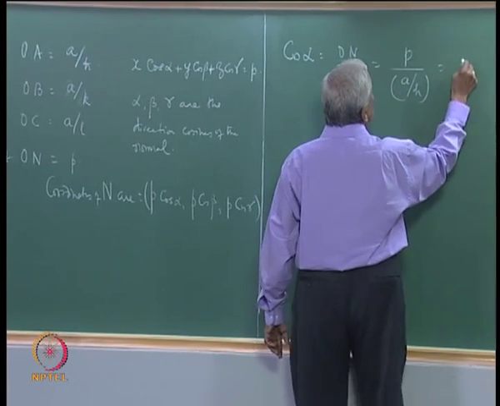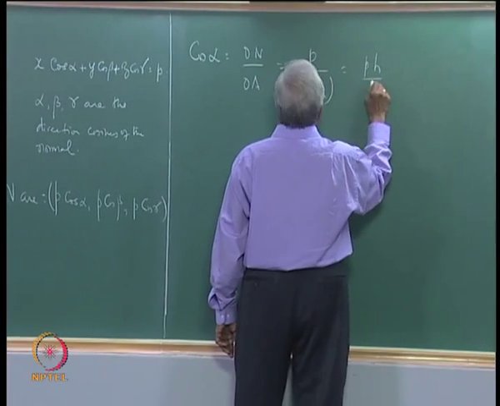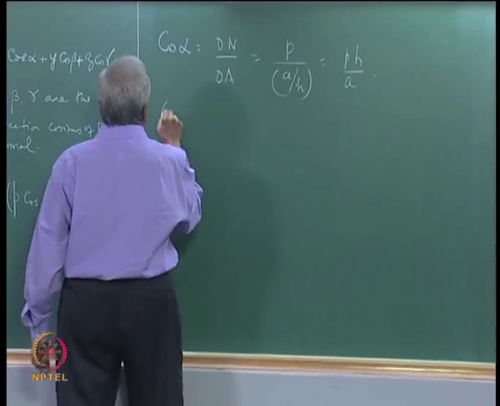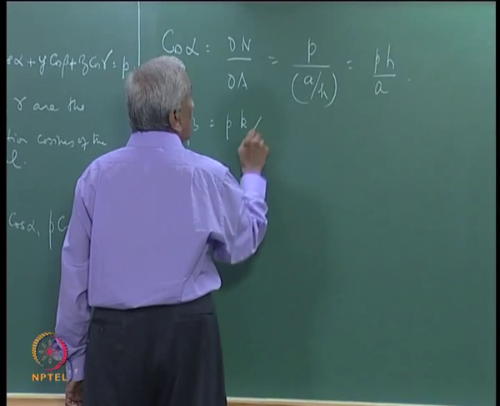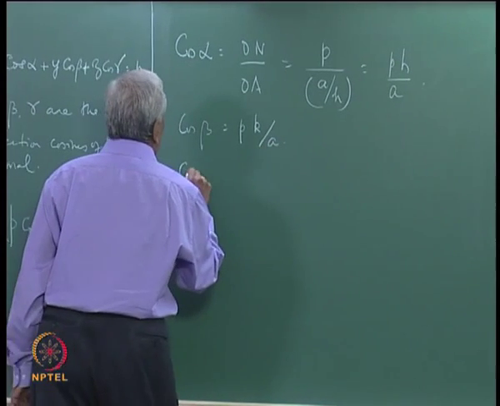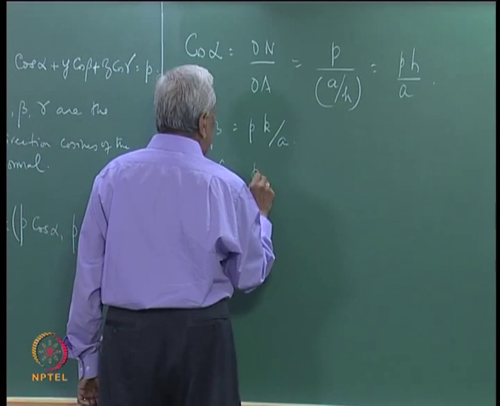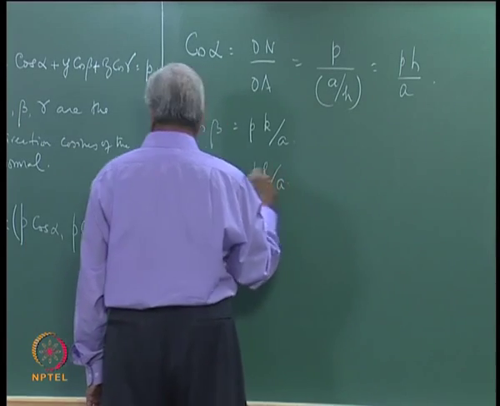Therefore, this is ph by a. Similarly, cos beta is pk by a, and cos gamma is pl by a.